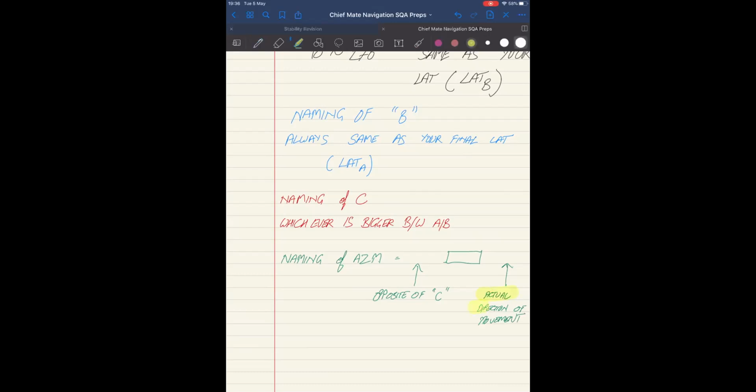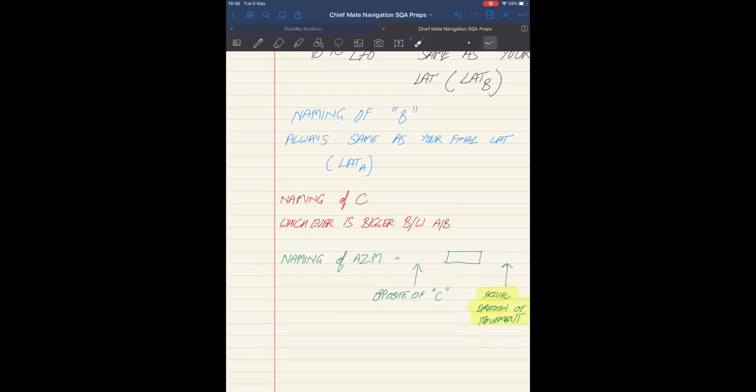This is important because usually people make mistakes over here while solving the questions, because while calculating the final course, we had made an assumption that we are moving from B to A. But we need to put the direction in which we are actually moving. We are actually moving from A to B. So this is an important thing to remember.